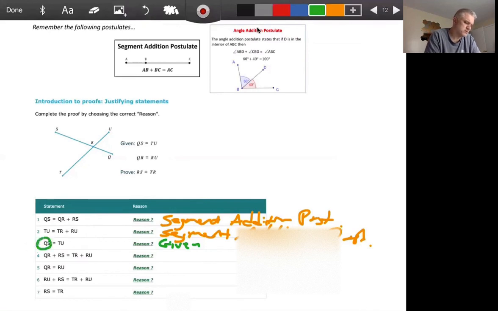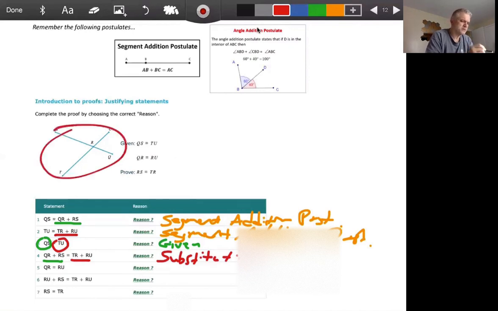QS. Well, we just said QS equals this. And there it is. TU. Okay. We already said that TU equals this. So they put it here. So they took statement number 3 and they substituted what we had already stated in statement 1 and 2, that those 2 things are equal to, right? So that's just substitution. Okay.